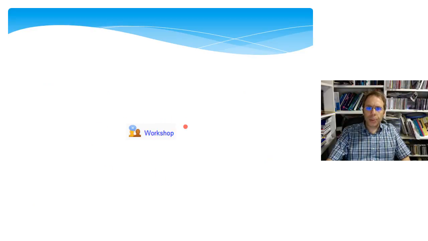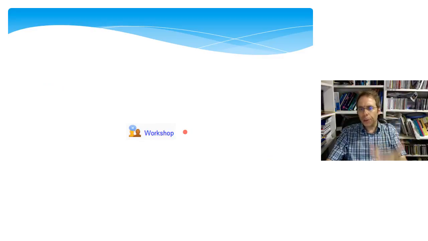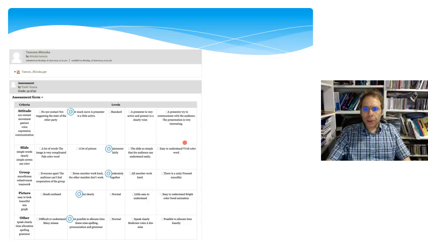The workshop in Moodle is just a place where they upload a document. I put the rubrics in there, and then I switch to the assessment mode, and when they're watching the presentations, they can go through and click on the various elements that they think the presentation has.